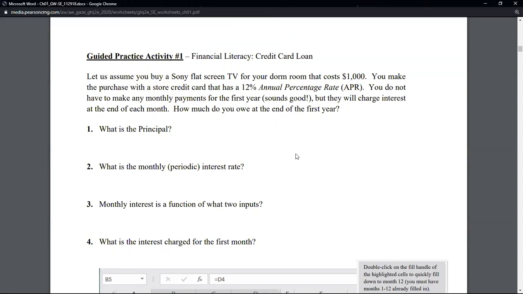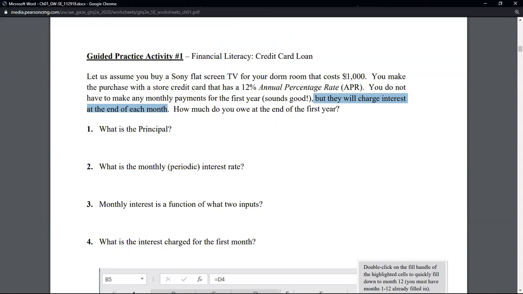You do not have to make any monthly payments for the first year, which sounds good, but they will still charge interest at the end of each month. How much do you owe at the end of the first year? So they charge interest monthly. So our interest is accruing monthly, but they say, you don't have to make the payment now, you can make it later.